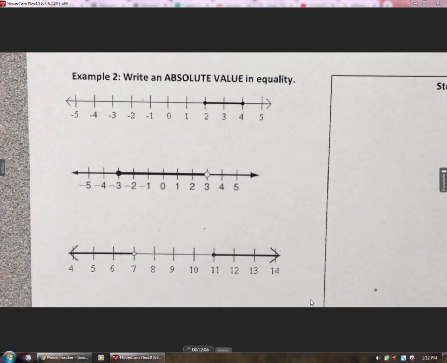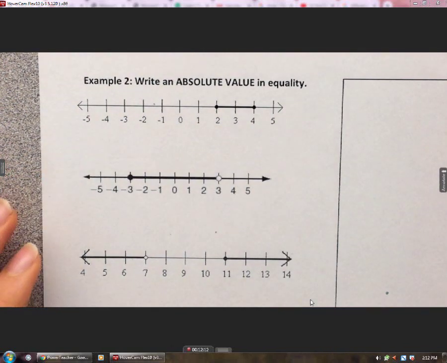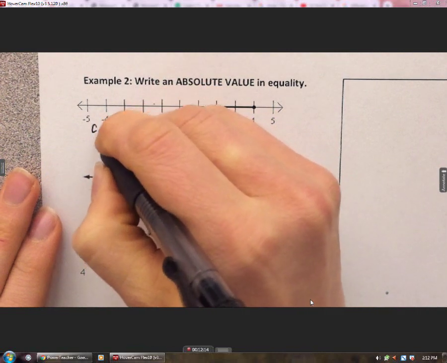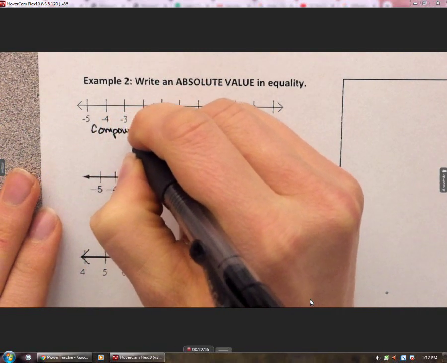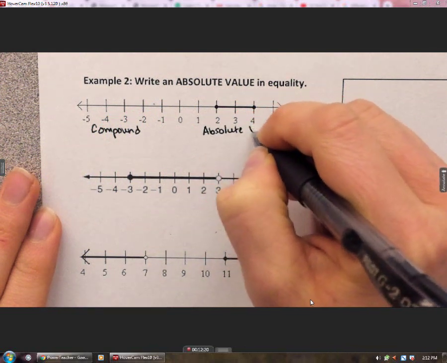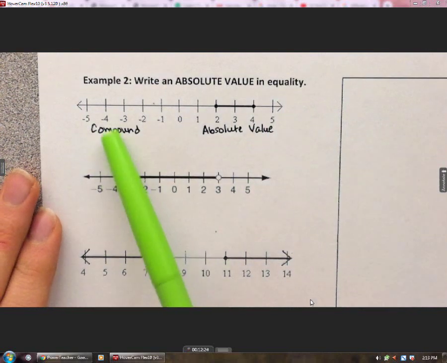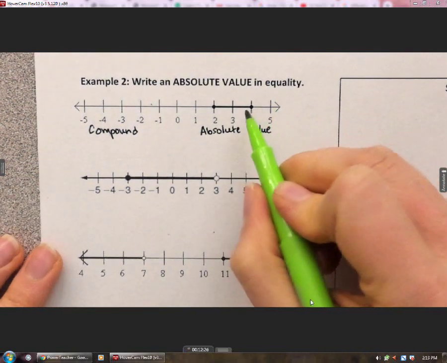This time we're going to go backwards. Yesterday we learned how to write this using a compound inequality. So there's a difference between compound and absolute value. Yesterday we did compound. How did we write it yesterday for this number line?